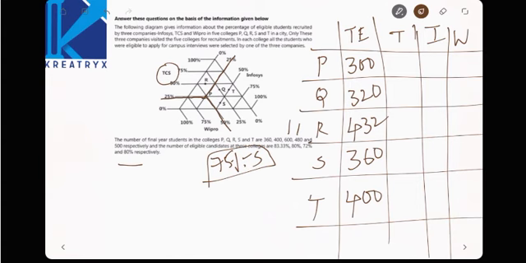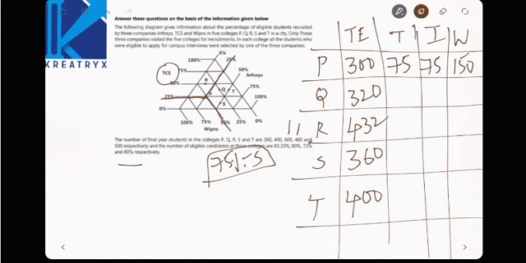Now how many were selected for TCS from P? 25%. 25% of 300 is 75 members placed for TCS. Now for Infosys, again 75, and for Wipro the remaining 150. Yes, very good.